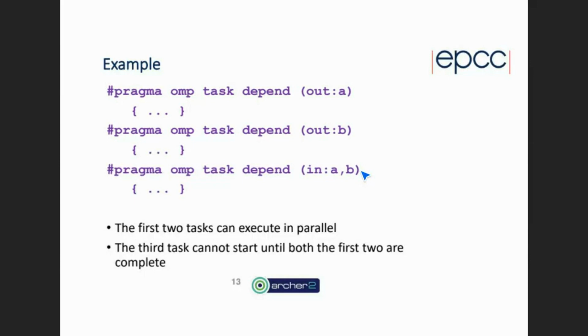That's just a very simple example of how this works, but you can get quite sophisticated, and it's actually possible to implement entire algorithms with nothing else but tasks and dependencies.